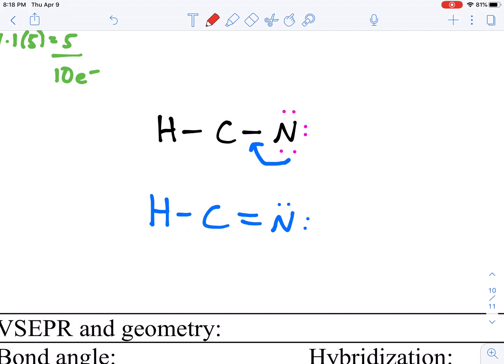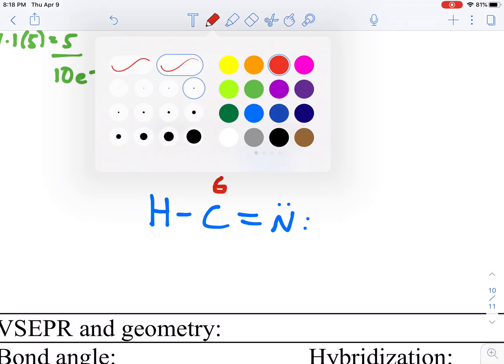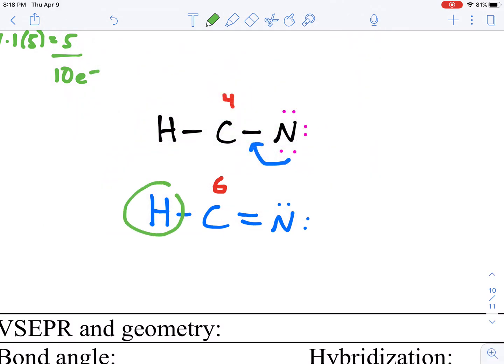Up top, this carbon had 4 valence electrons. Now it has 6. But we need more electrons. And you'll notice we don't have any on hydrogen to give it. We can't swing in any electrons to make a double bond with hydrogen, but we can do another one with nitrogen. So let's do this. Let's make HC triple bond N. Once we do that, our total electrons are 2, 4, 6, 8, 10.